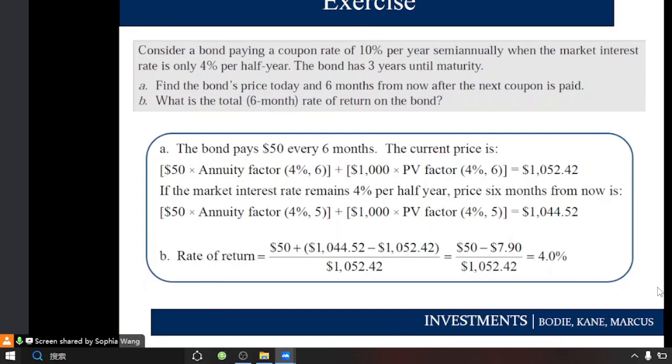Now 5 periods, because half a year has passed. So you just use the calculator. I think it's easy to understand, but the difference between YTM, realized YTM, rate of return, and holding period return may confuse you.